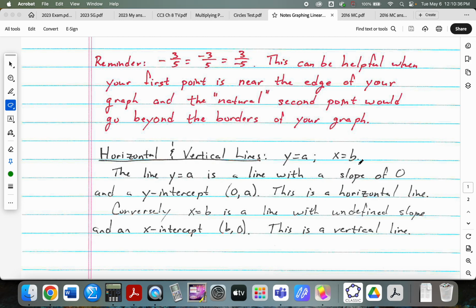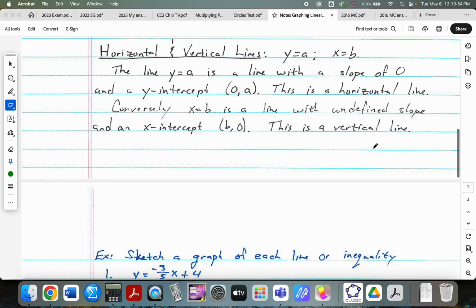Likewise, when I get x equals b, the only axis it's going to go through is the x-axis, and it's going to go through at whatever the point b is. That's going to be a vertical line. That helps me remember those and not get them confused, because it is easy to start getting in your head about those. All right.